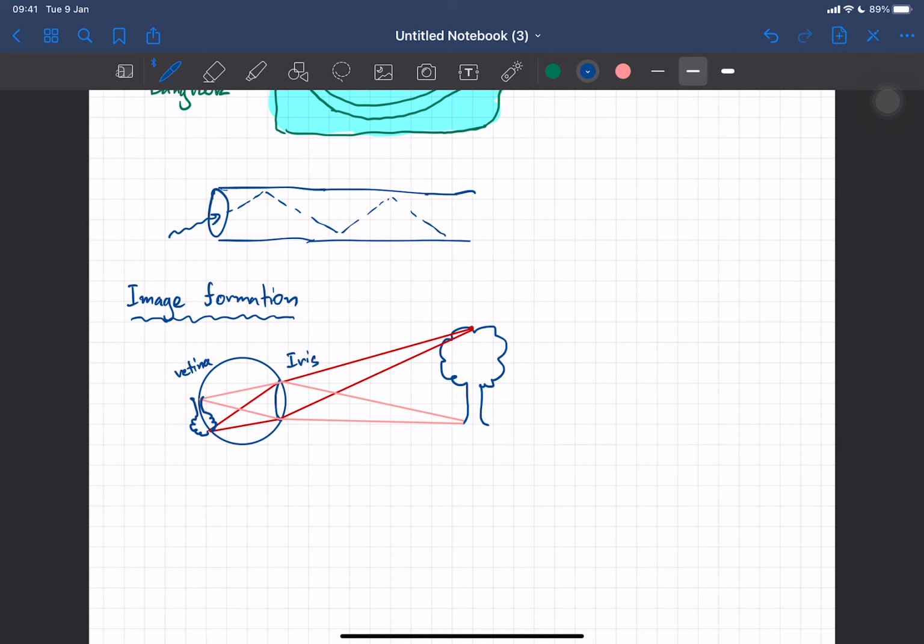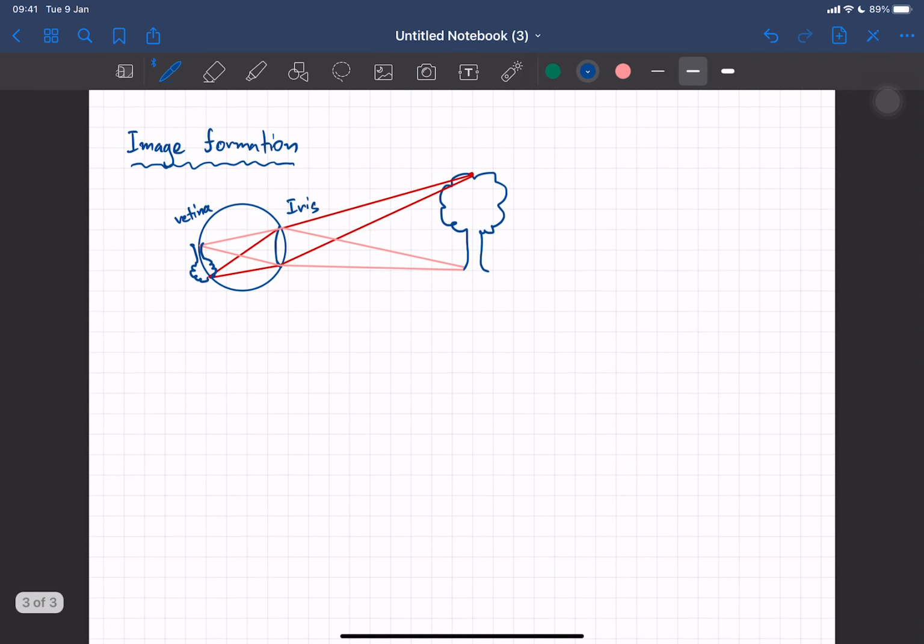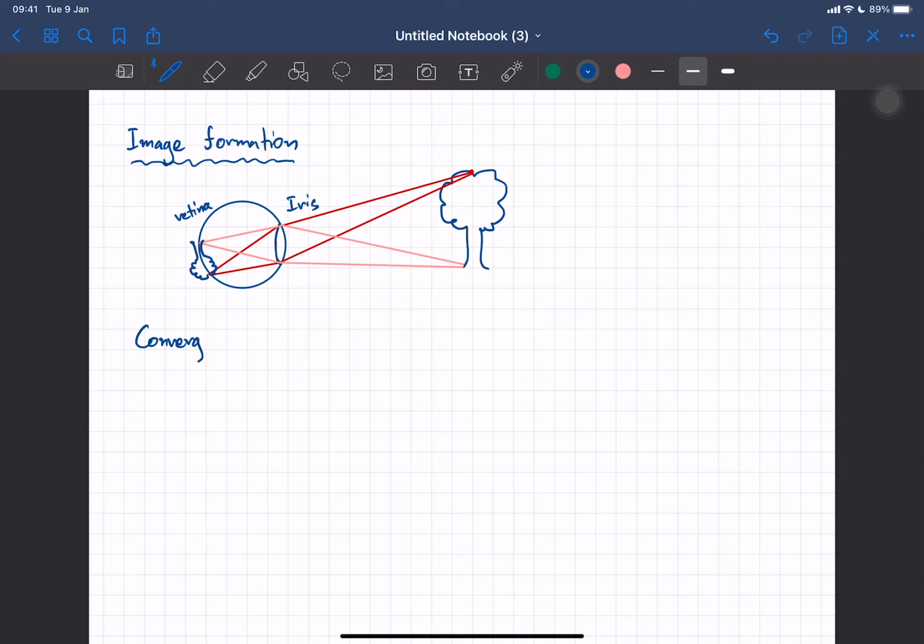Okay, so the first thing we're going to talk about is what we call a converging lens. Sometimes called a convex lens. So what is this? Well, this one is a piece of glass which is curved. So it's not a flat piece of glass, it has to be curved. And because of the way light refracts, because it's air outside and glass inside, right?